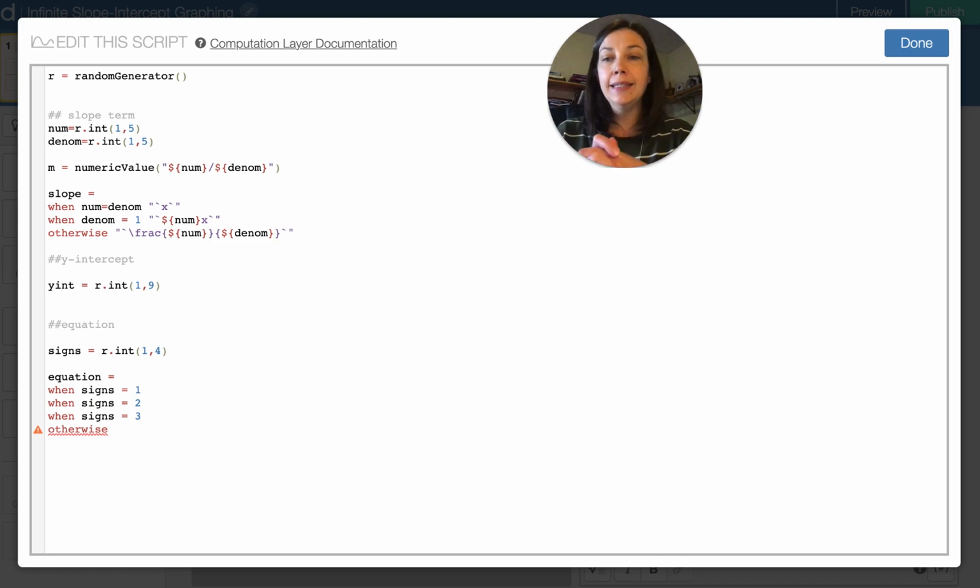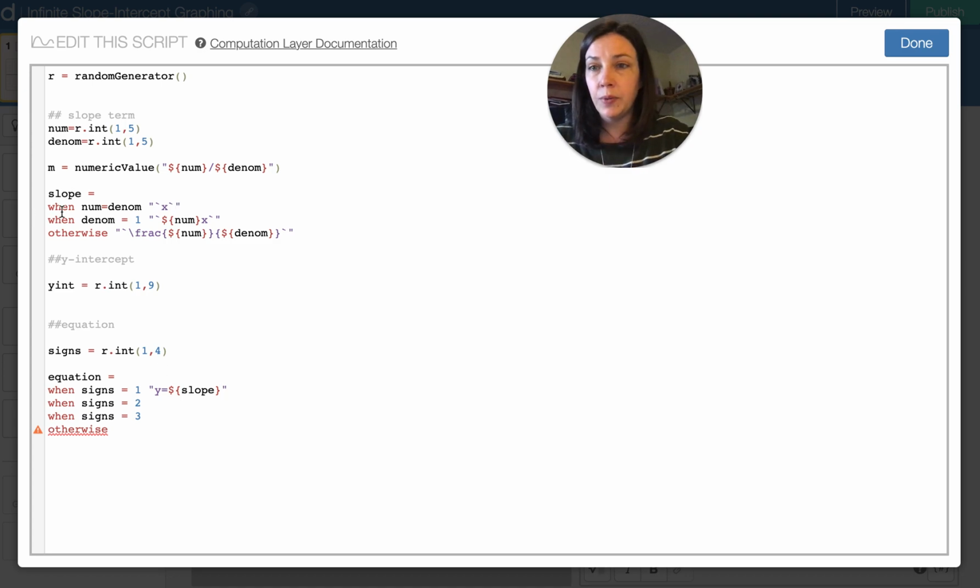All right, when signs equals 1, I want positive slope, positive y-intercept. So, quotation marks. I think it's easiest to start and finish them right away and then type in the middle what you want. Yes, I am praying. What I want here is y equals, and then my slope term, so weird notation, slope, and that will include the x, because up here I did that.